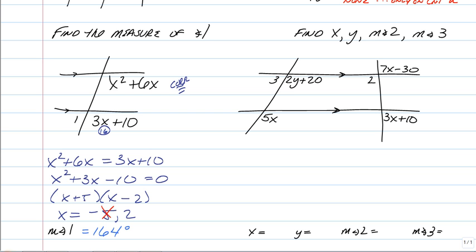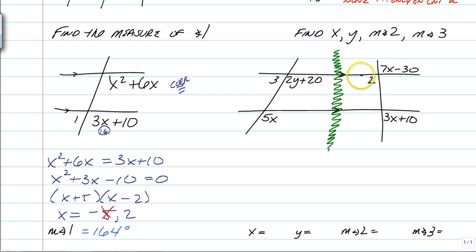So I told you I'd give you a second hint for the problem on the right. If you did not know where to start, these are 2 separate questions in a way. You have to divide this up into 2 separate problems because these transversals are not parallel. So you technically have 2 different setups going on over here.